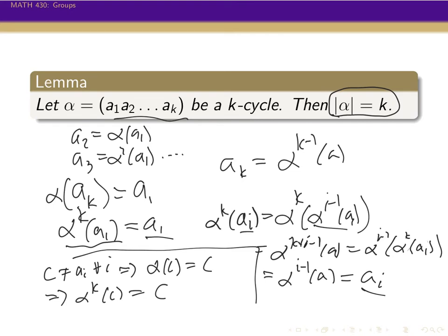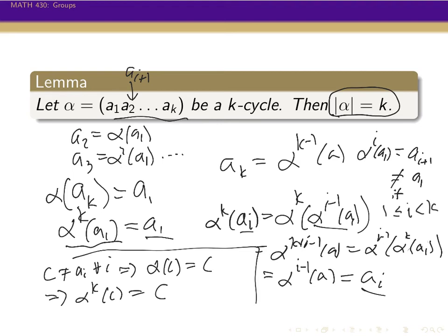We also know that it can't be any smaller power than that, because for any smaller power, alpha to the i of a_1 is going to give me a_{i+1}, and this is going to appear somewhere in the cycle, and so this can't be equal to a_1 if i is at least 1 but smaller than k, because this gives me all the other things inside the cycle.